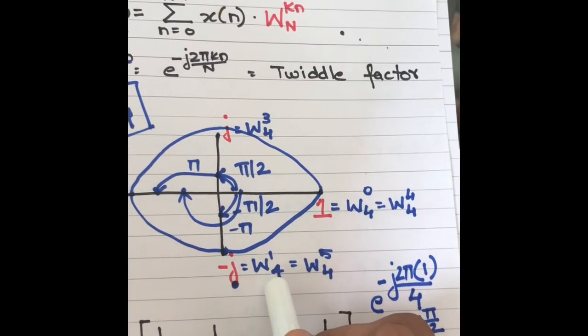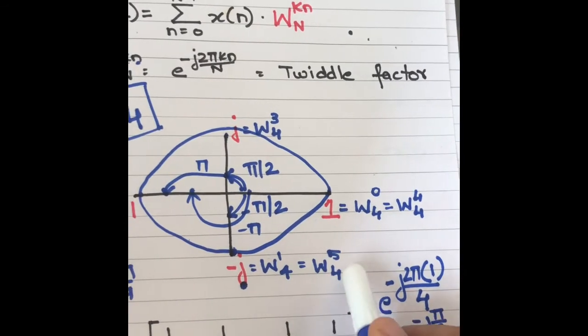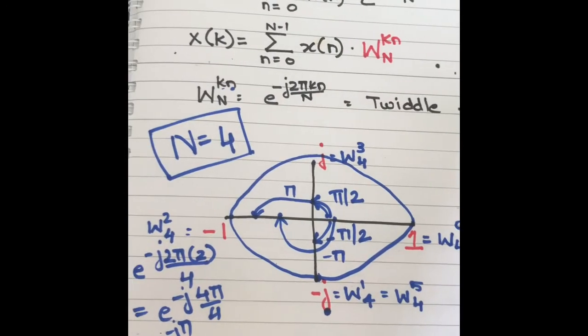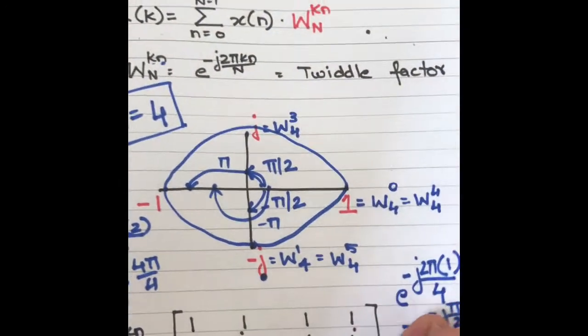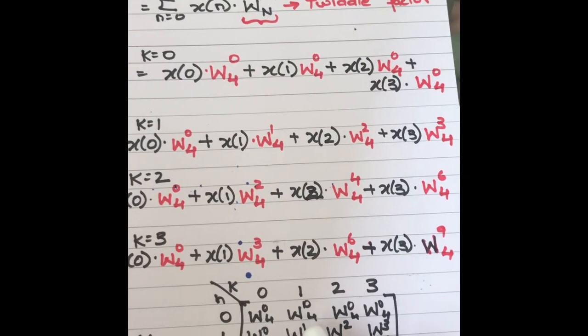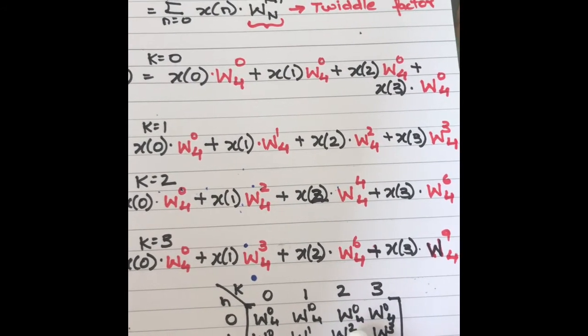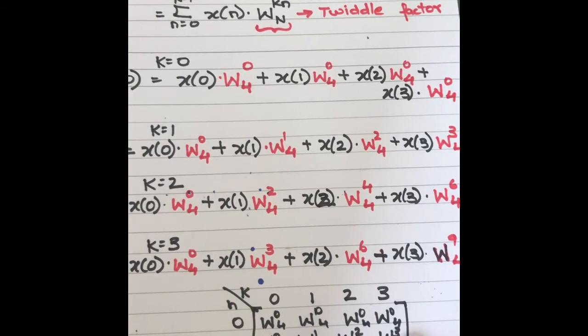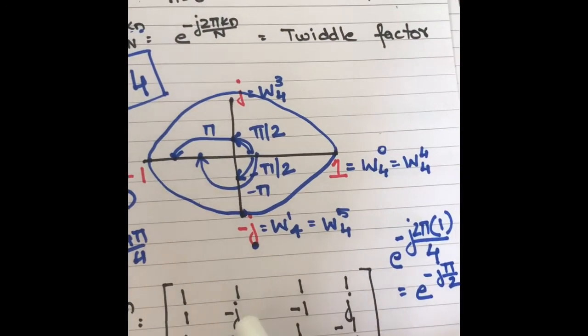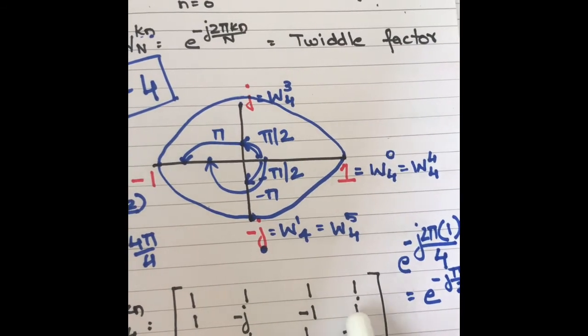The value of W14 is the same as that of W54, W94, W134 and so on and so forth. Clear? So even here, W14 you know is minus j, W24 is minus 1, W34 is plus j. So 1, minus j, minus 1, plus j.